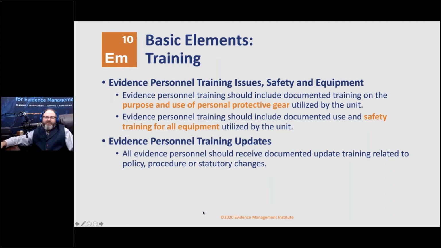All training should be accompanied by update training whenever policies or procedures change. That's a baseline function.